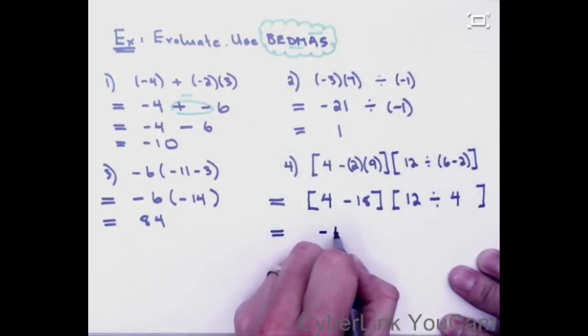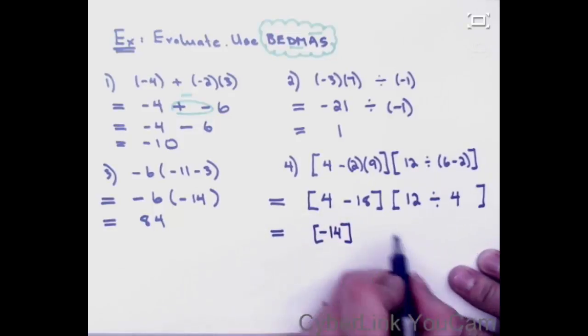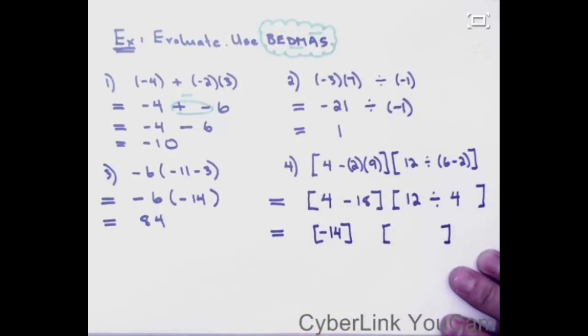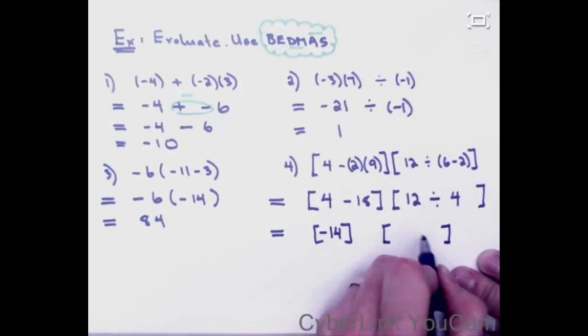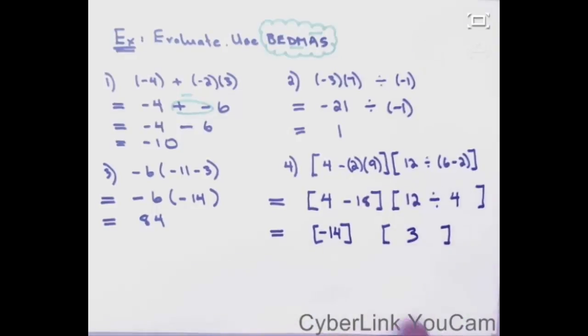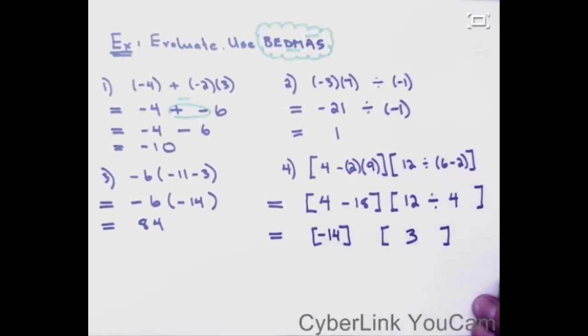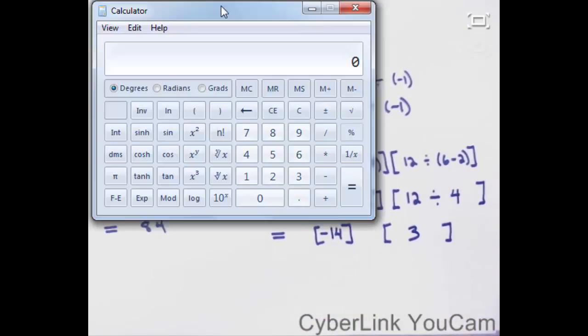So minus 14, and it's still in the square bracket. The other square bracket is 12 divided by 4. It's the only operation in there now, which is 3. Now, you can finally multiply because when these two square brackets meet, they really mean to multiply each other. So what you want to do is 14 times 3.